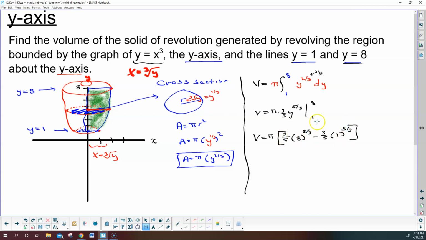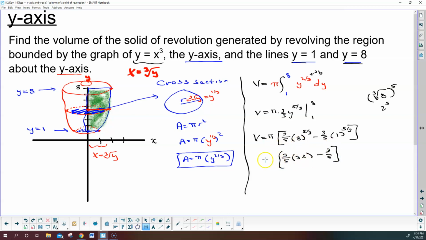And remember that 5/3, when I think of the 5/3, I think of it as the 1/3, which is the cube root, to the 5th power. So in my head, I'm taking the cube root of 8 and saying that's 2, and then 2 to the 5th power, which is 32. And then the nice thing here, 1 to any power is 1, so I get a 3/5 there.